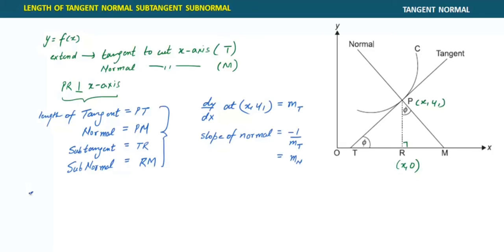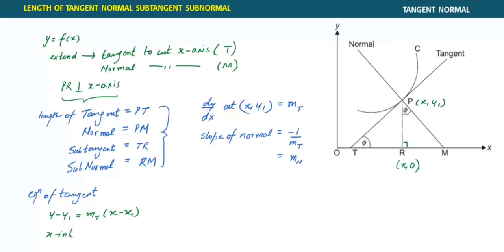So what will be the equation of tangent? Give me the equation of tangent now, quickly. The equation of tangent can be written by using the point slope form. So it will become y minus y1 is equal to mt times x minus x1. You need to find this T point to find PT distance. T is nothing but the x-intercept.